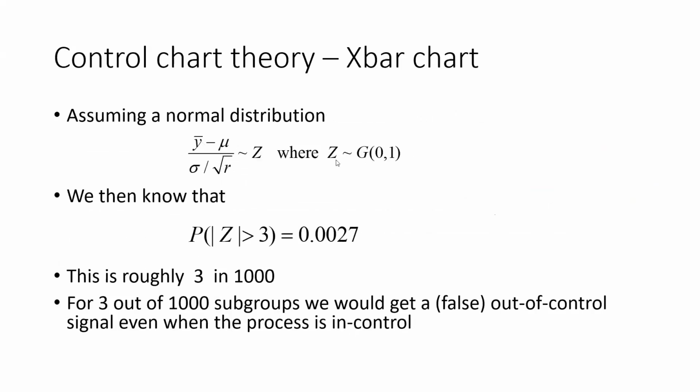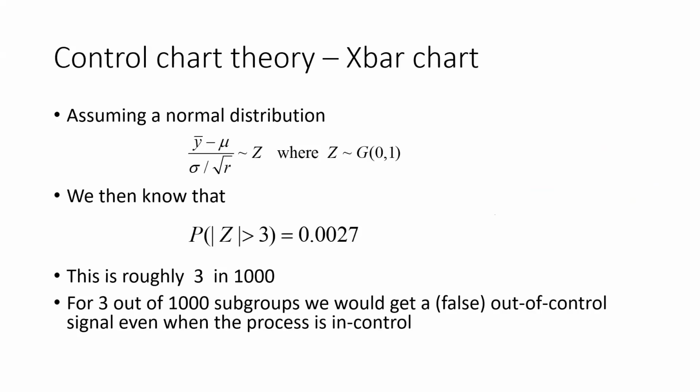Then we can compute the confidence limit, and we can see that alpha here is 0.0027, or in other words, we have 3 out of 1,000 false alarms, false out of control signals.